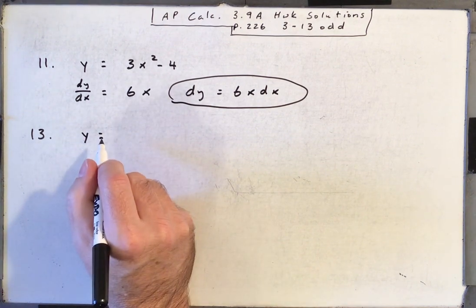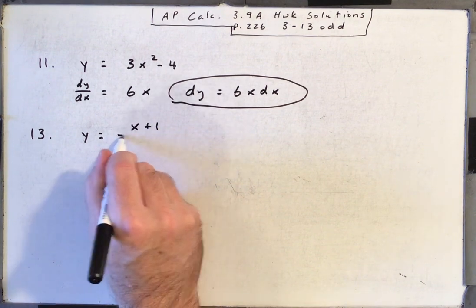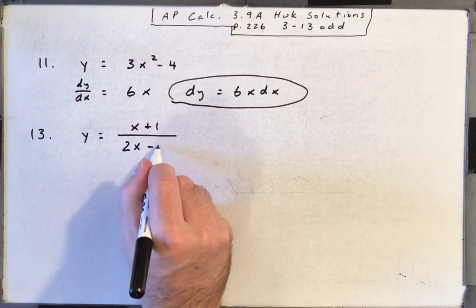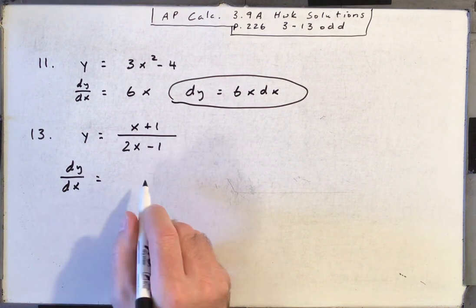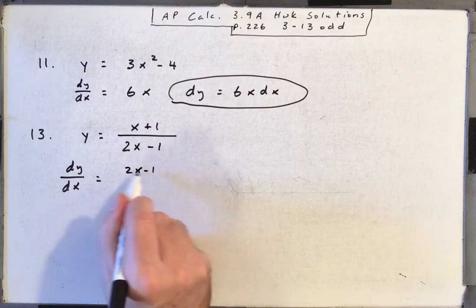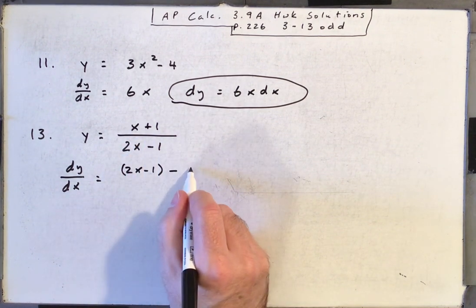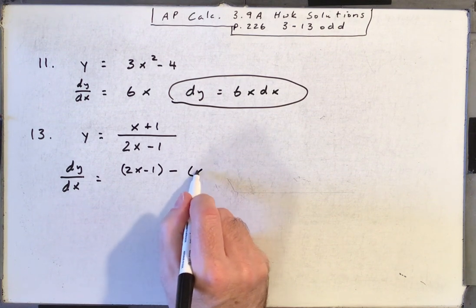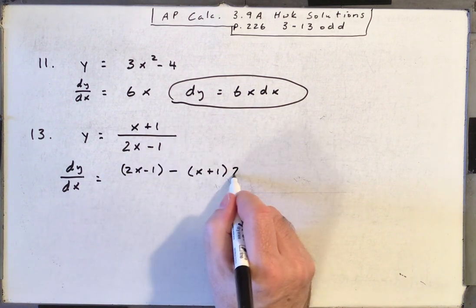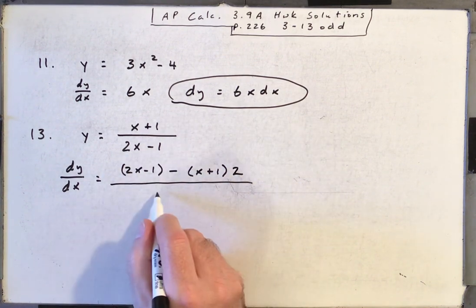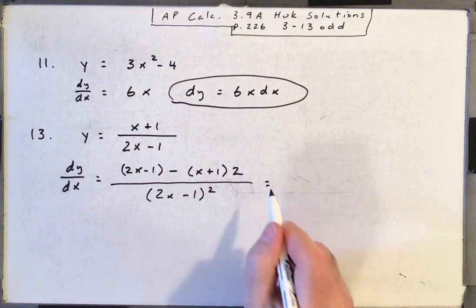And then 13, y is equal to x plus 1 over 2x minus 1. So the derivative of that, dy/dx, would be the bottom, 2x minus 1, times the derivative of the top, which is 1, minus the top, x plus 1, times the derivative of the bottom, which is 2, all over 2x minus 1, all squared.